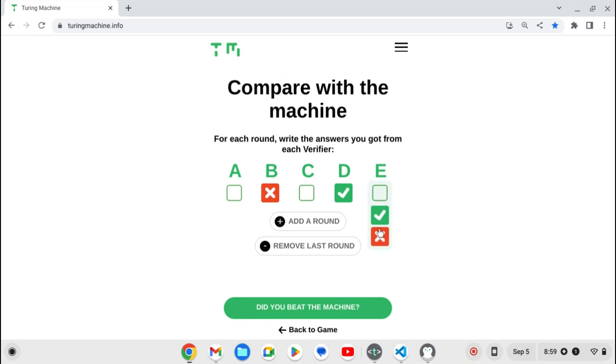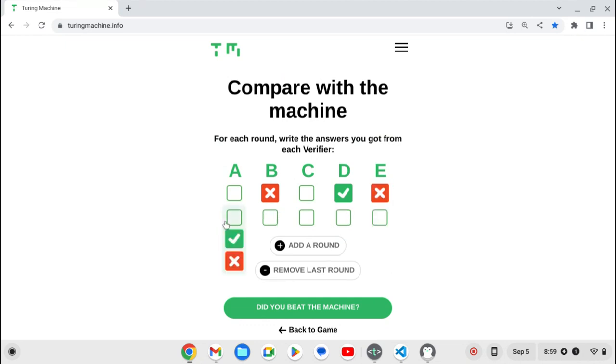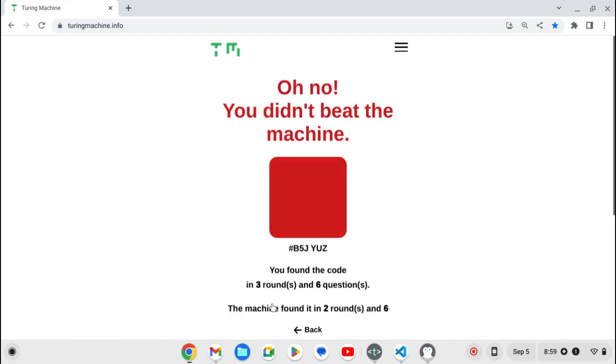E was also incorrect. A and C were wrong in the second round. And in the third round, A was correct. So let's see. Yeah, as I suspected. So yeah, we both did it in 6 questions, but it took me 3 rounds, and the Turing Machine took 2 rounds. So somehow this image is broken.